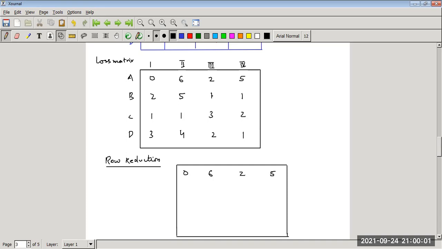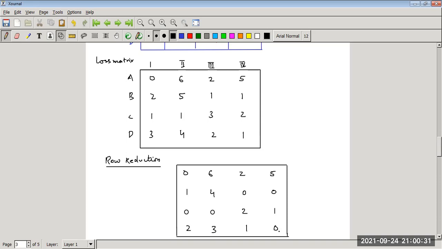In the second row 1 is the minimum, so we subtract 1, it becomes 1, 4, 0, 0. The purpose of subtracting the minimum element is so that we can create a 0 in each row and each column. In the third row 1 is the minimum, so it becomes 0, 0, 2, 1. In the fourth row the minimum is 1, so it becomes 2, 3, 1, 0.